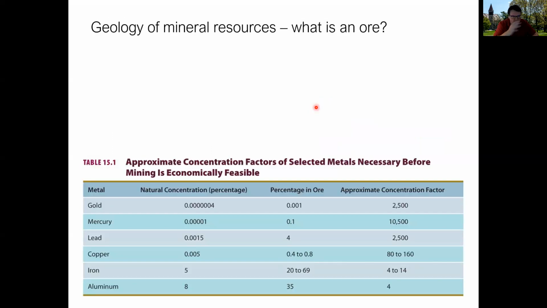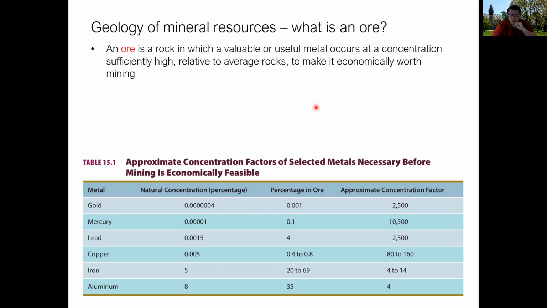So let's think about this just from the basic perspective. What are the basics of mineral resources? What's an ore? An ore is a rock in which a valuable or useful material, could be a metal, could be road aggregate, occurs at a sufficiently high concentration relative to the average rocks around it to make it economically worth mining. So what's important here is that I can go out, mine a cubic meter of rock, and I might be able to find a gold nugget in there amongst the total.